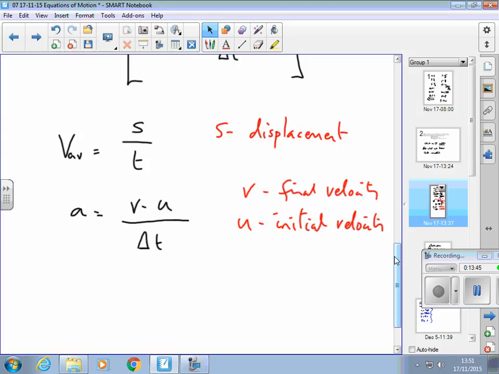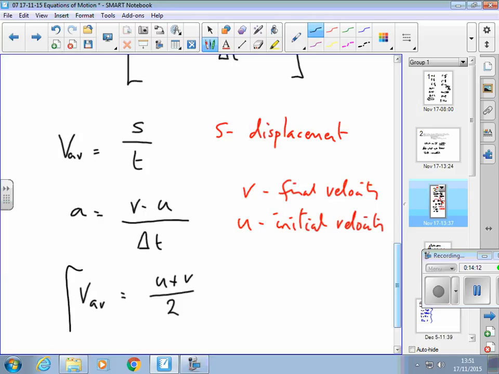How would I find the average of those two numbers? What's the average speed? And how did I work that out? Add them together and divide by the number of them, which is 2. So here's another formula. V average equals U plus V over 2. So I've got two formulae for the average velocity.